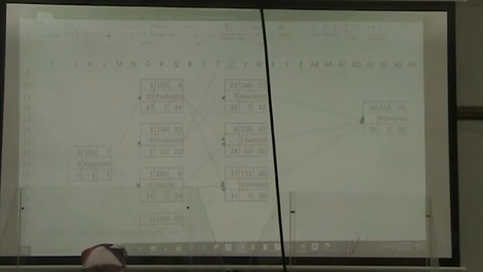Equals late start minus early start. For our trade journal, again, equals our late start minus our early start. And for inventory, once again, equals our late start minus our early start.